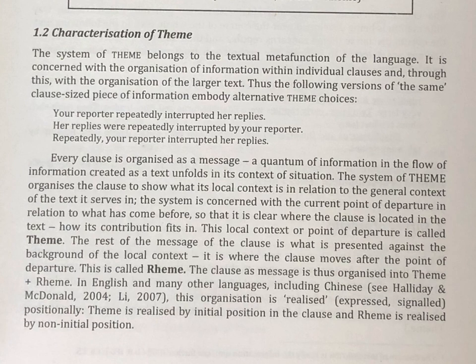It is concerned with the organization of information within individual clauses and, through this, the organization of the larger text. Thus, the following versions of the same clause-sized piece of information embody alternative theme choices. And on it goes. So that is precisely an orientation to the whole set of resources known as the system of theme in the grammar.